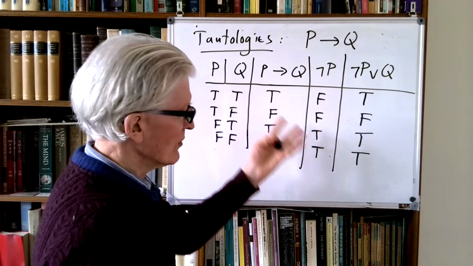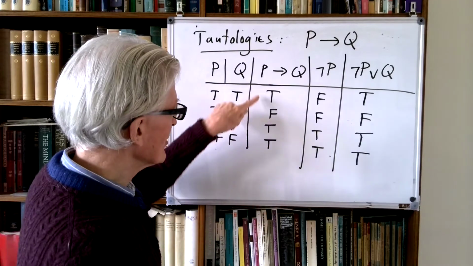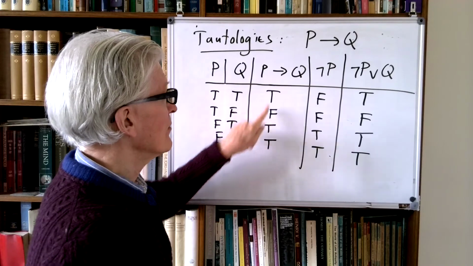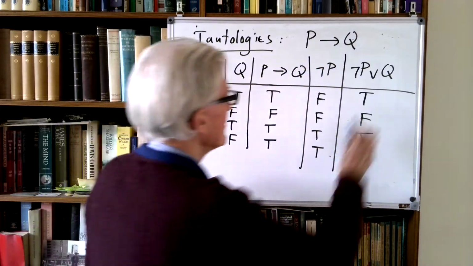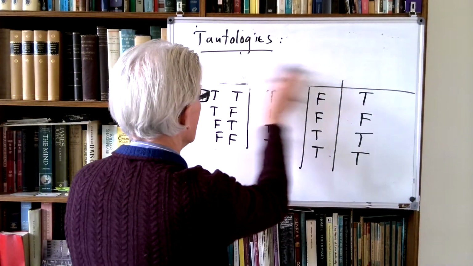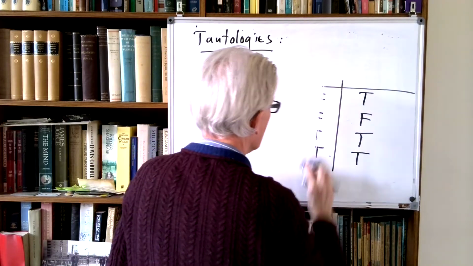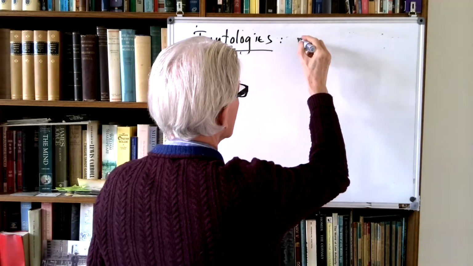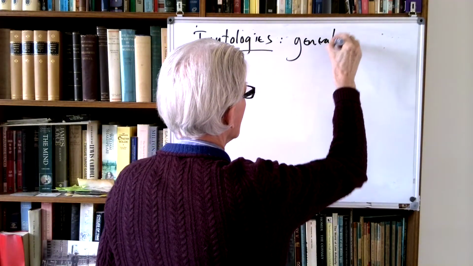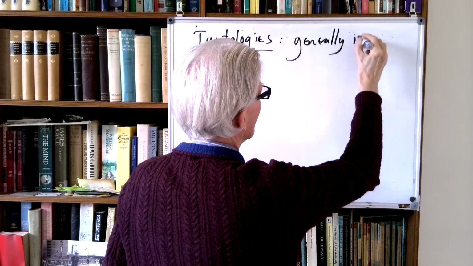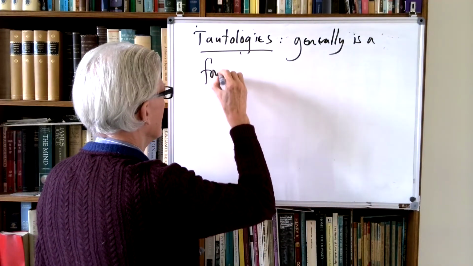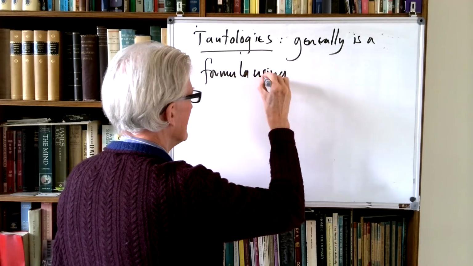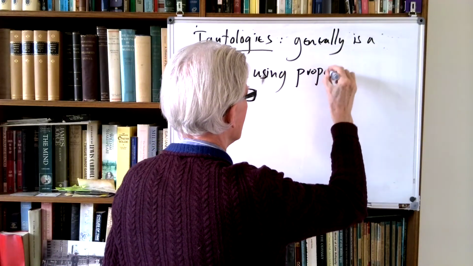So P arrows Q is not a tautology because there is a line on the table where it comes out false. Right? So P arrows Q is not a tautology. So in general, a tautology is a formula using, let's say, propositional letters.